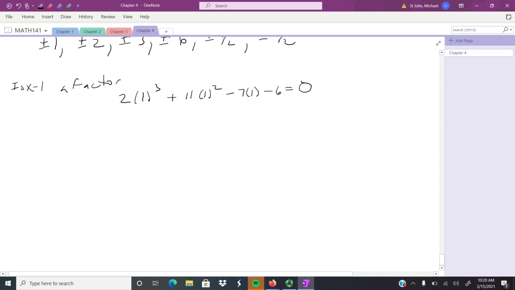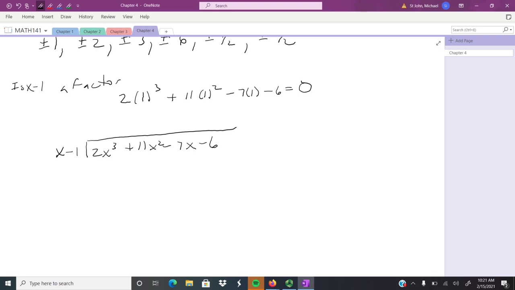That means x minus 1 has to be able to divide into this. What do I need to multiply x by to get 2x cubed? That is going to be 2x squared. So this gives me 2x cubed minus 2x squared.